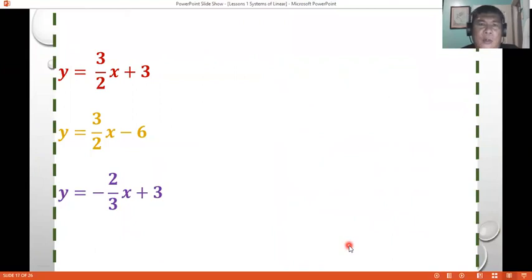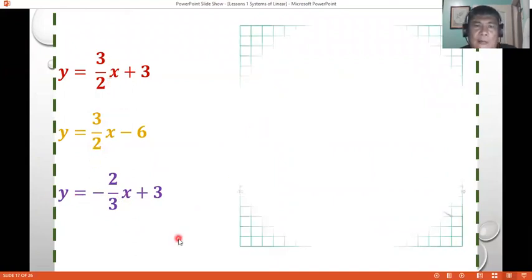These are example of perpendicular and parallel lines. Since parehong 3 over 2, parallel itong red and yellow. Since kabaligtaran ng 2/3, reciprocal niya 2/3, kabaligtaran ng 3/2 is 2/3, tapos ng kabaligtaran ng positive, negative, perpendicular in violet sa dalawang ito.